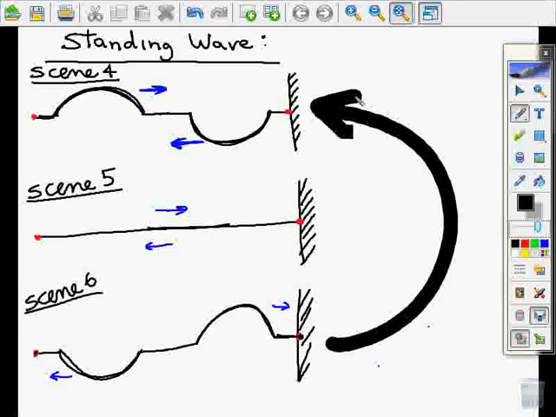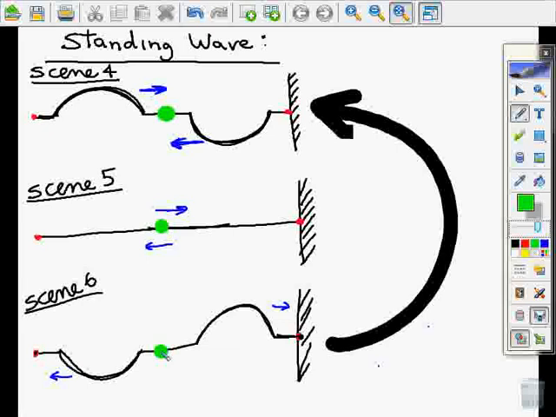And then the same pattern keeps happening. The two keep crisscrossing through each other, and you get this wave pattern right here. If you look carefully, folks, is the string right here going up and down? No. Is the string right here going up and down?